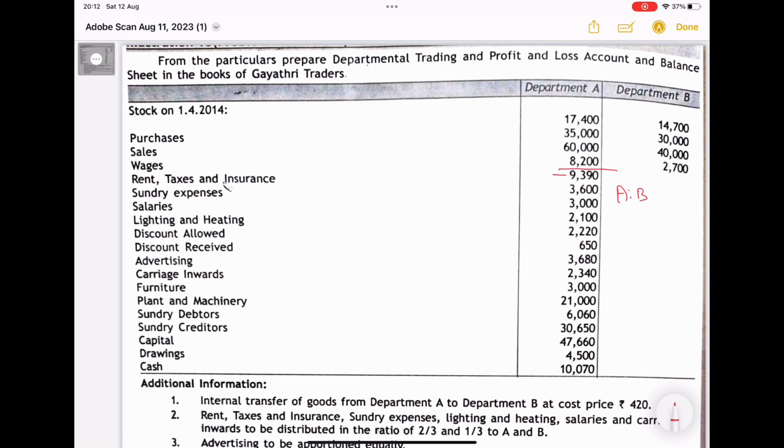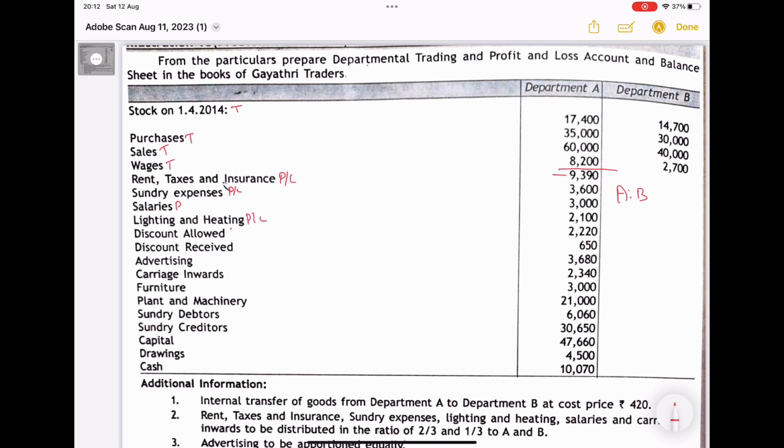Next, purchases and stock will be in the trading account. Purchases, sales are also related to trading, wages also a trading related item. Rent, rates and taxes are related to the P&L account, sundry expenses P&L account, salaries also is an item of P&L account, lighting and heating related to P&L.